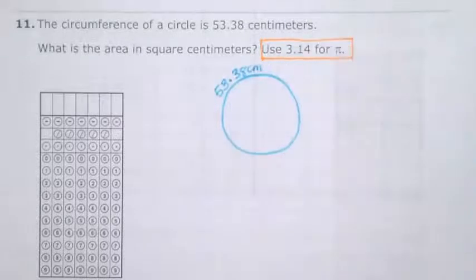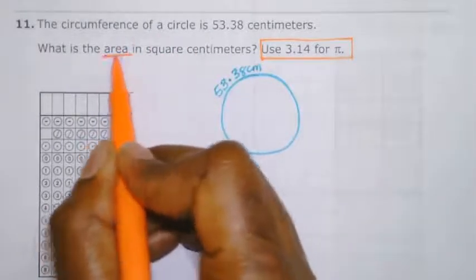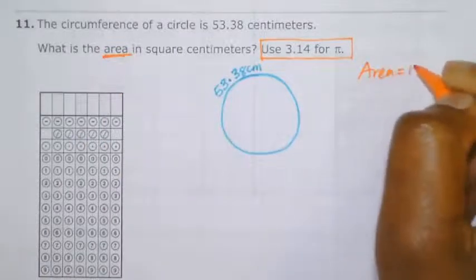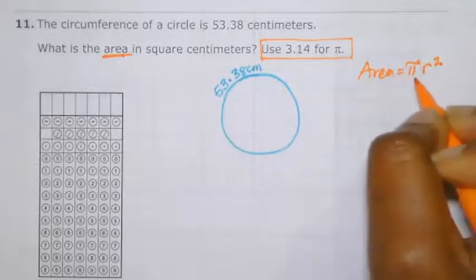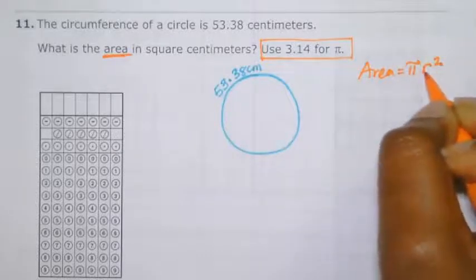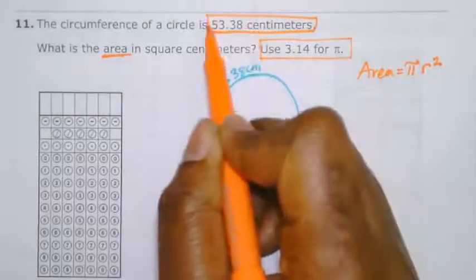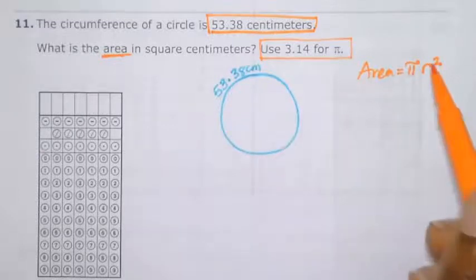Now, we're going to use what we have in order to find what we need to find. So we know that the area of a circle is equal to pi times the radius squared. Now, in order for us to find the area, we need a radius. So what we're going to do is use what we know about the circumference to find the diameter. And once we know the diameter, then we can find the radius.